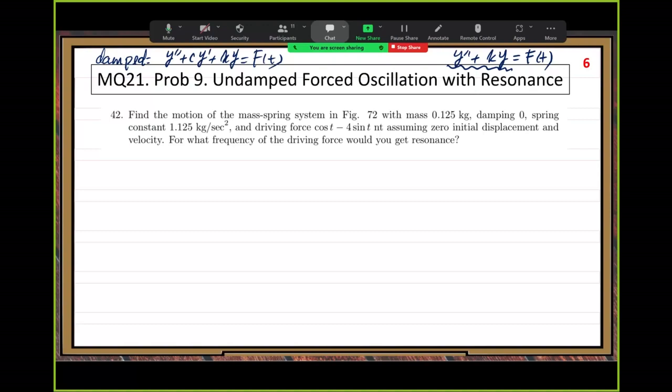Then you don't have the resonance problem. Only when your general solution y_h has sine cosine, C1 cosine plus C2 sine, is there a potential resonance effect. You need to worry.